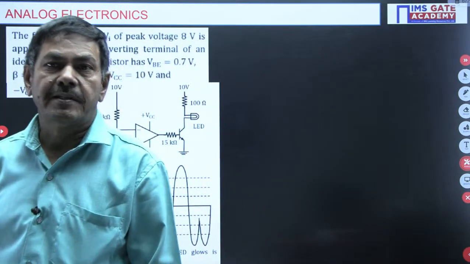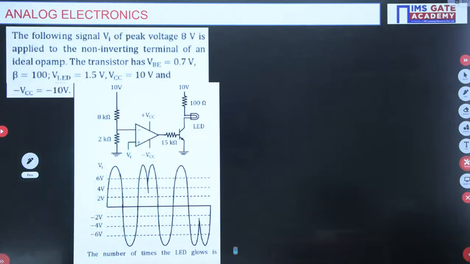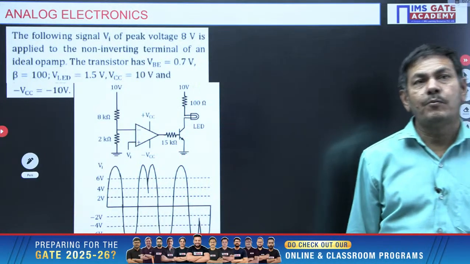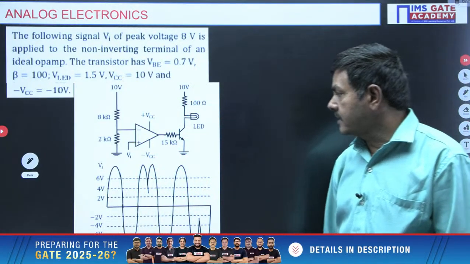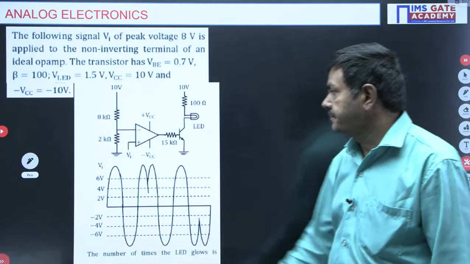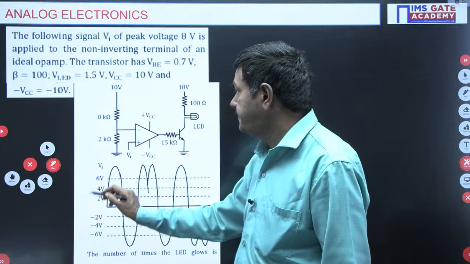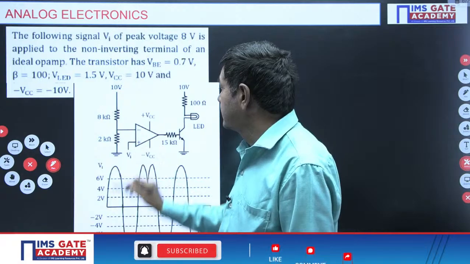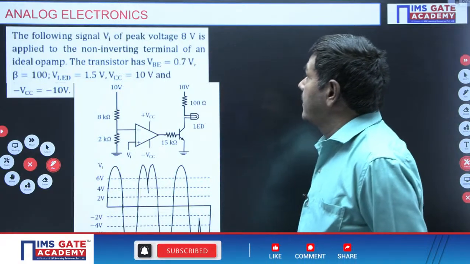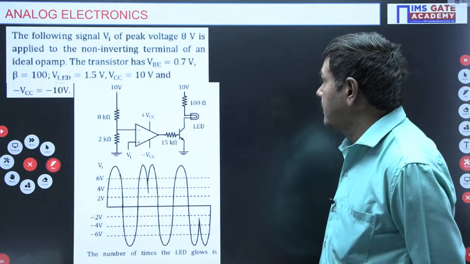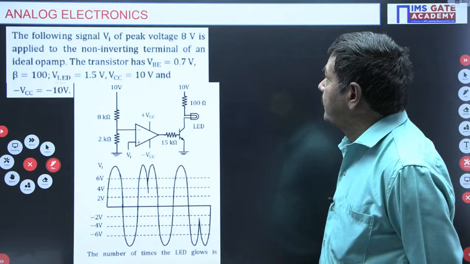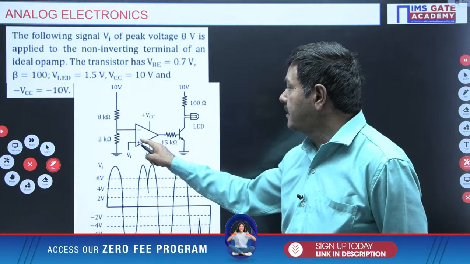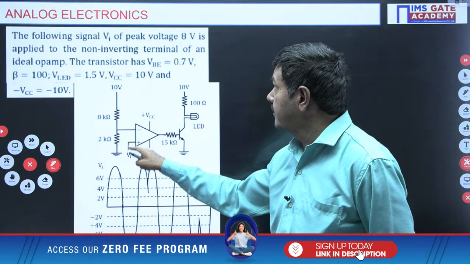Now the solution for this question is required. How to get it? What is the given problem, what is being asked, and what work is required from our end? We can see that. The following signal Vi, of peak voltage 8 volts, is given.